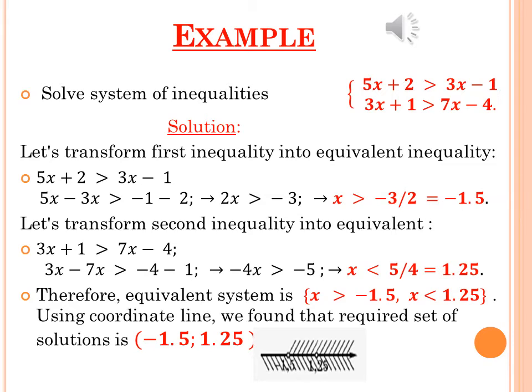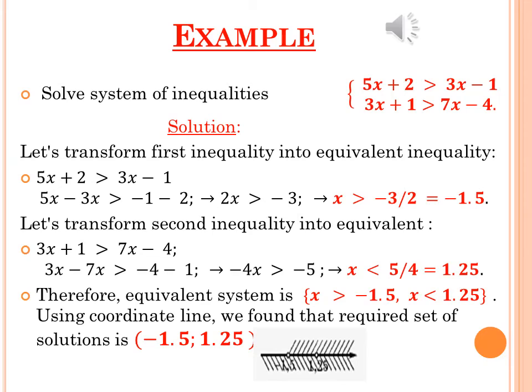So negative 4x over negative 4 is x. Dividing by a negative, change the sign. The symbol greater than changes into less than because we divide by a negative. So negative 5 divided by negative 4 is 5 over 4. So x less than 5 over 4, which means x less than 1.25. So the solution of the second inequality is x less than 1.25.